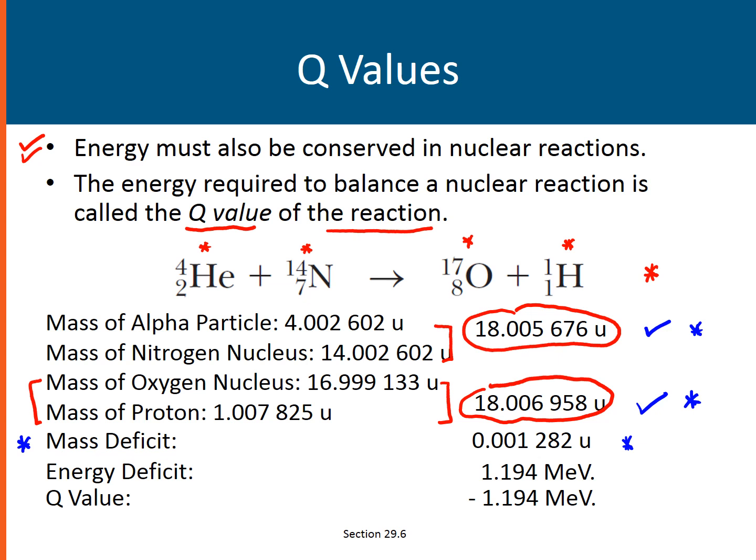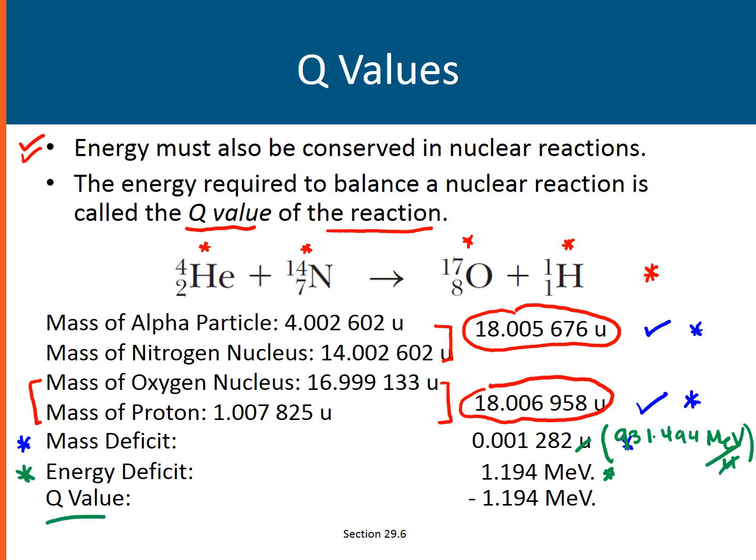Now, if we multiply this mass deficit by the conversion factor 931.494 mega electron volt per unified mass unit, we will have 1.194 mega electron volt, and this is what we call the energy deficit.